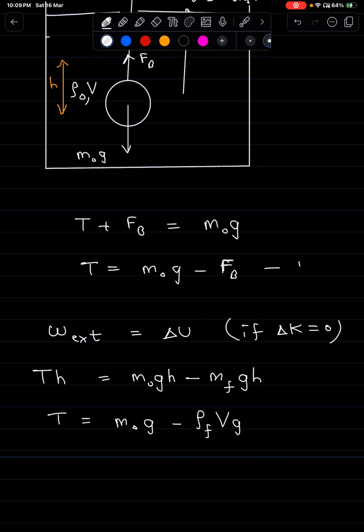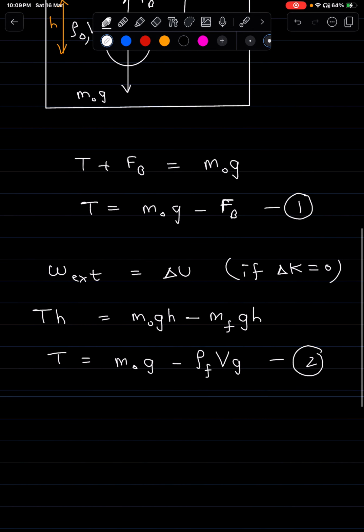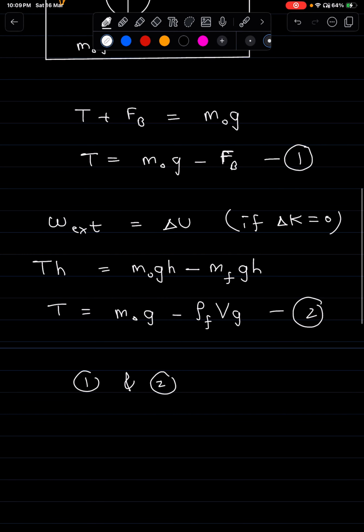If I compare the above equation of T, equation number 1, with equation number 2, the left hand side is the same, so the right hand side has to be equal. So m naught g and m naught g will get cancelled, and minus and minus will get cancelled. So the buoyant force has come out to be equal to rho f V g.